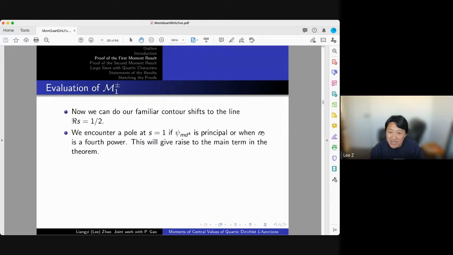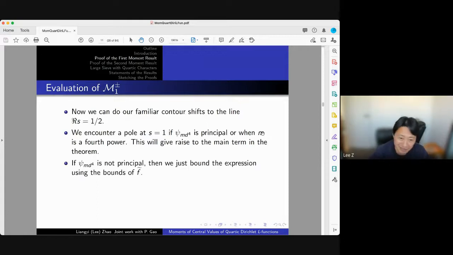So whenever m is a fourth power, you will get a pole, and you will need to compute residues. Once you compute these residues, that will give rise to the main term in the theorem. Remember, the main term was CQ W hat 0, right? So that will give rise to the main term for these principal characters for which m is a fourth power.